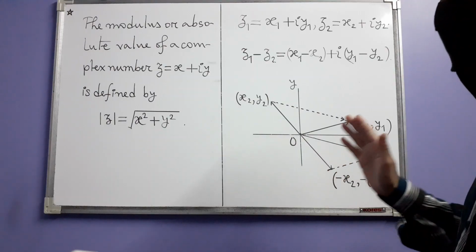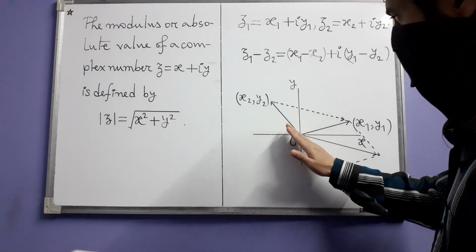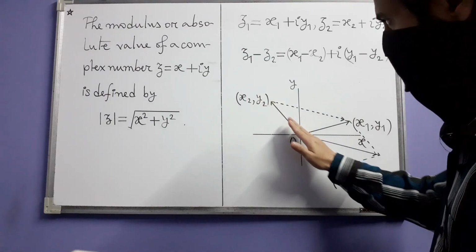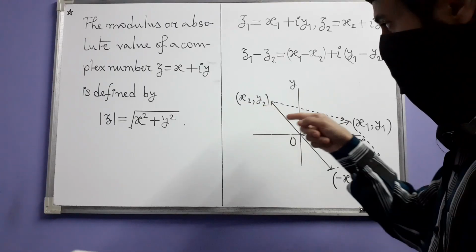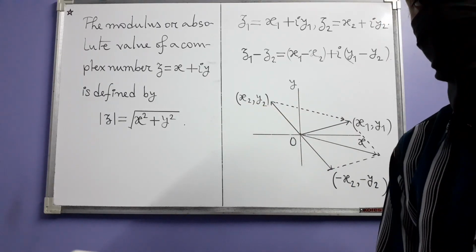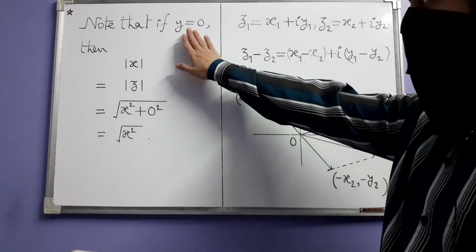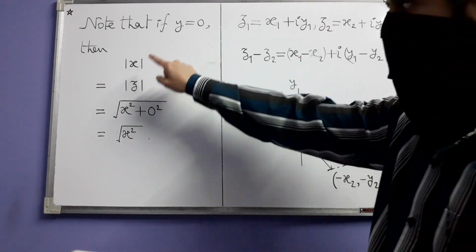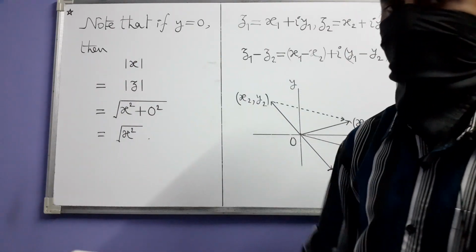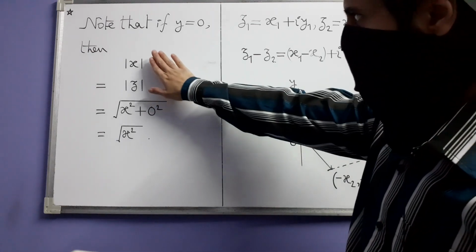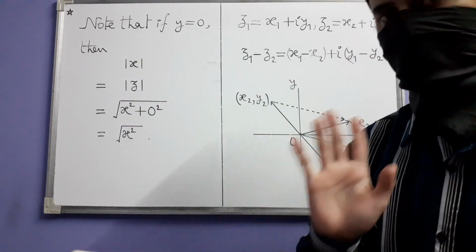And if you see it in terms of vectors, the complex number also is corresponding to this vector, then this is the magnitude of that vector. Note that if the imaginary part is 0, then our complex number is just the real number x. So here these bars indicate complex modulus.